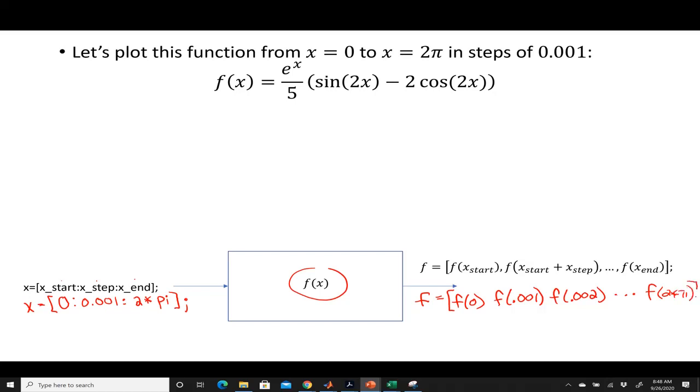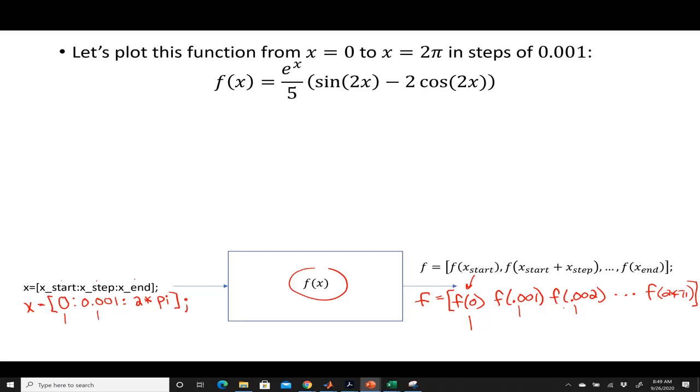Basically I would have all of those function values evaluated here. The first point is the value when x equals 0. The second point is the value when x equals 0.001. The third point is the value of the function when x equals 0.002.